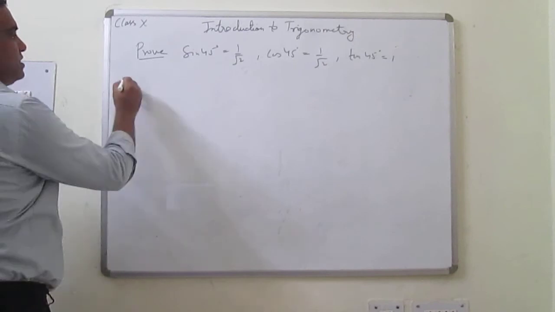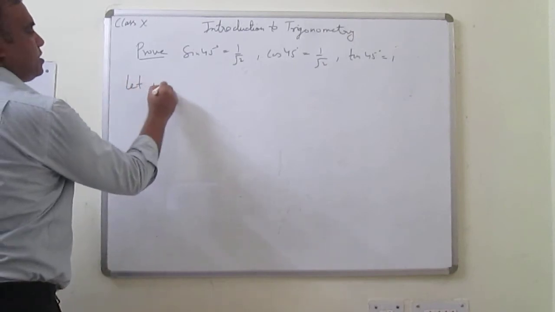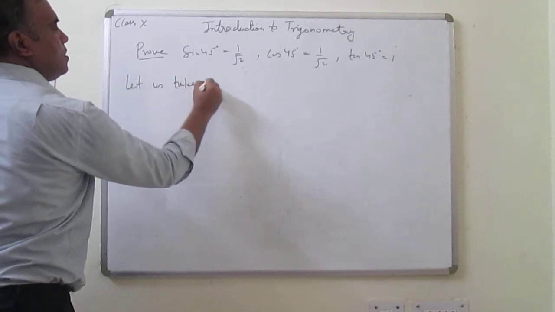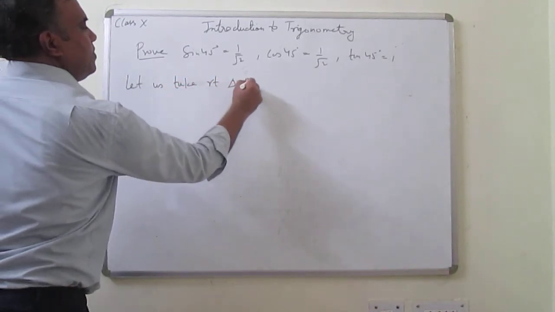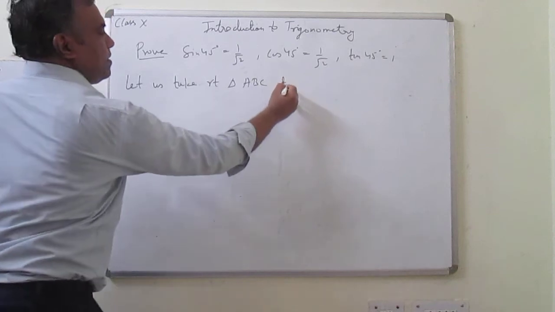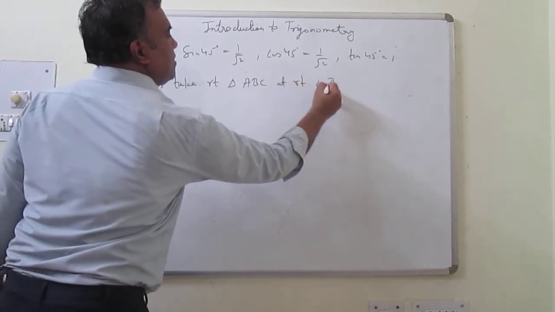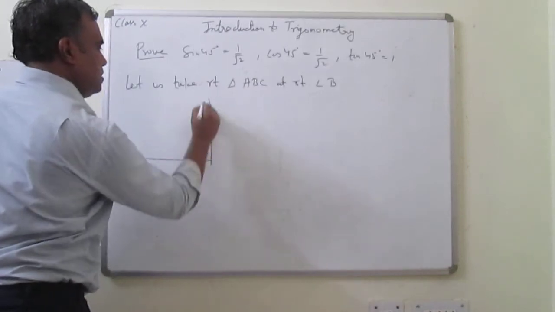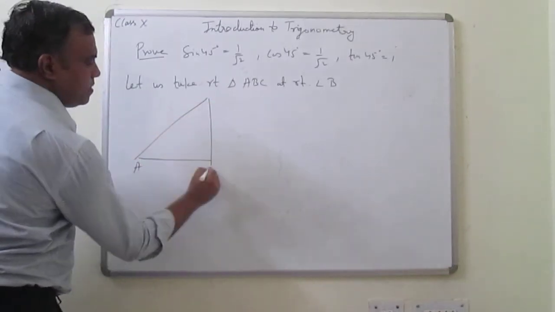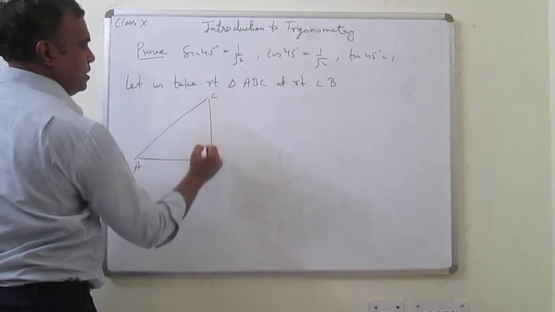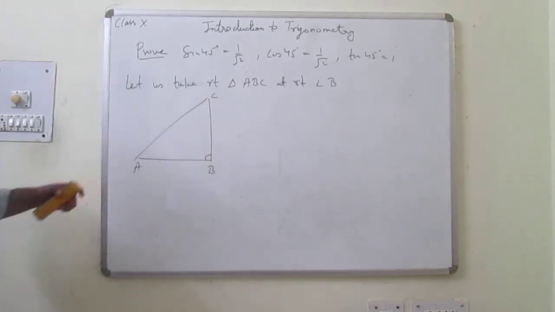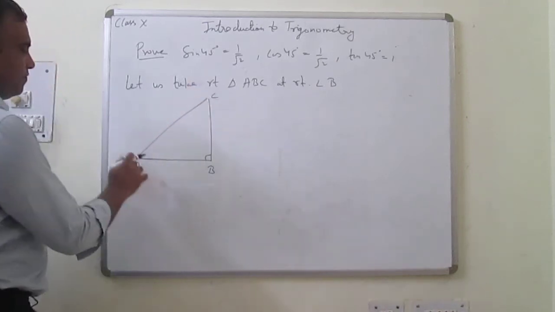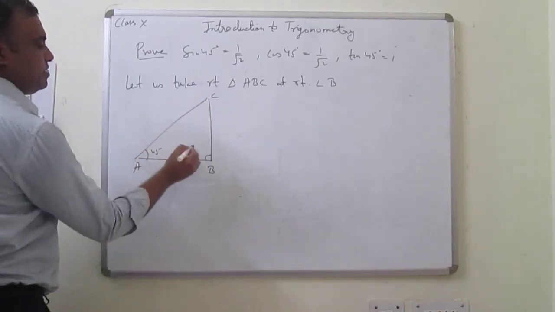Now for this let us take a right triangle ABC with right angle at B. Now I will take 45 and this is 90.